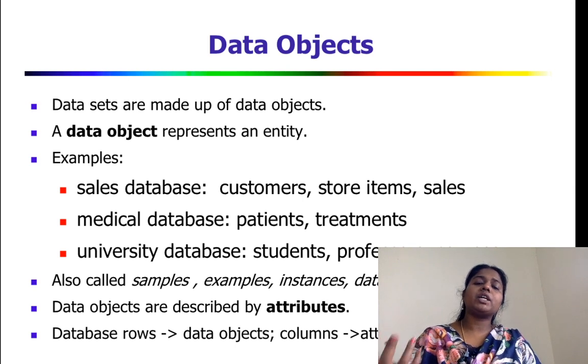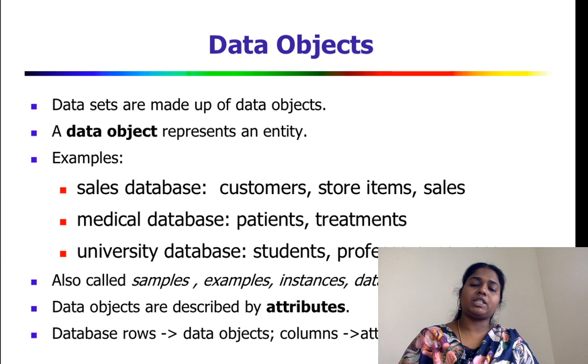So, the features that explain or describe the data object are called an attribute. In a database, we see the rows indicate different data objects, and the different columns in the database identify the attributes of those data objects.